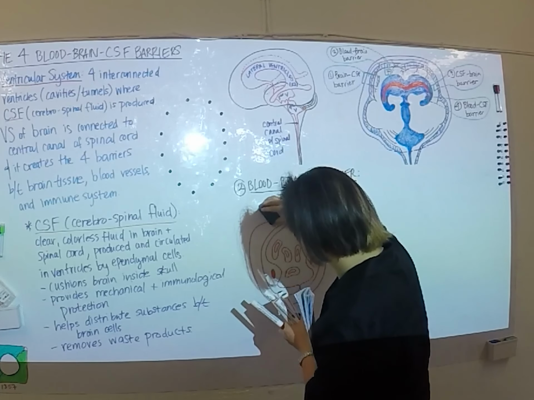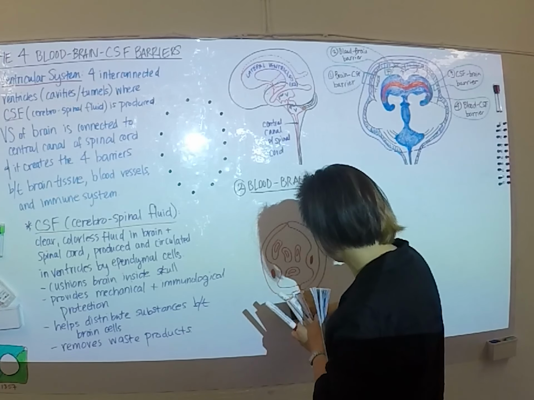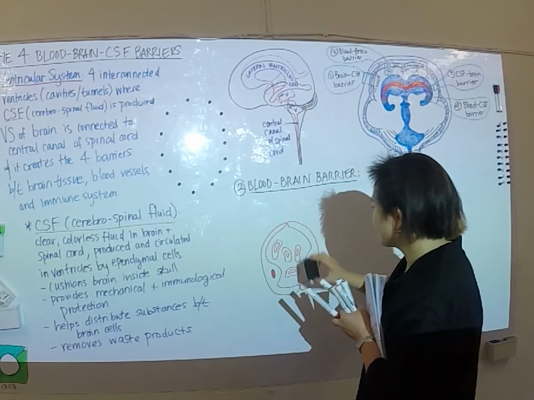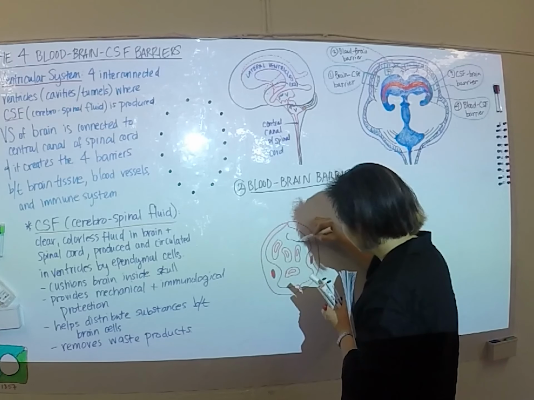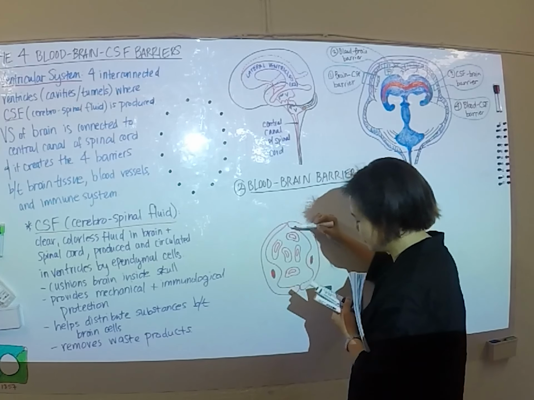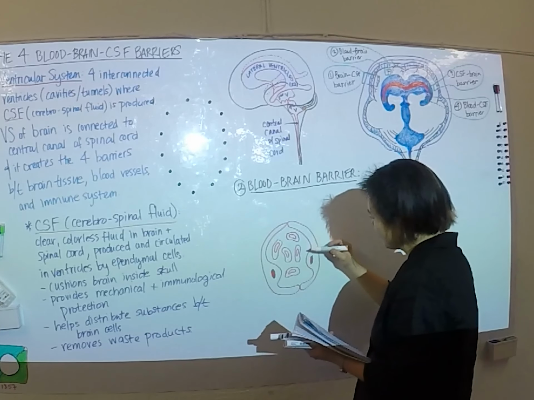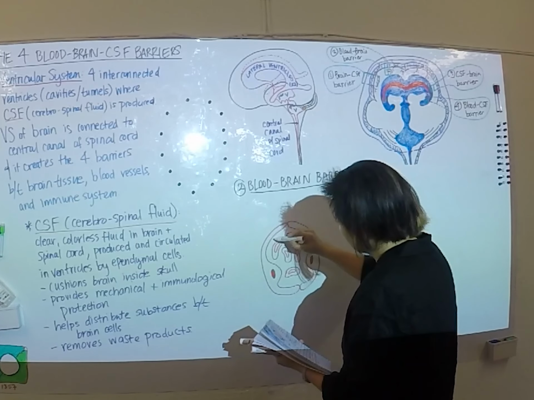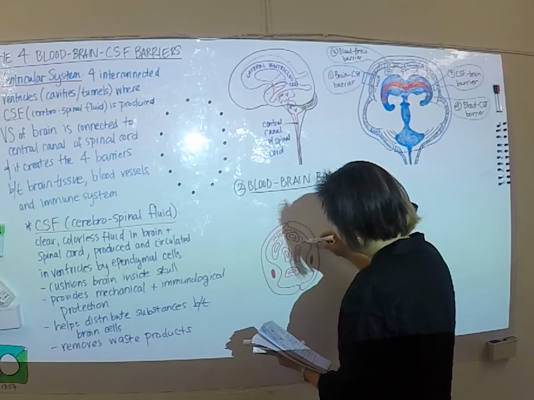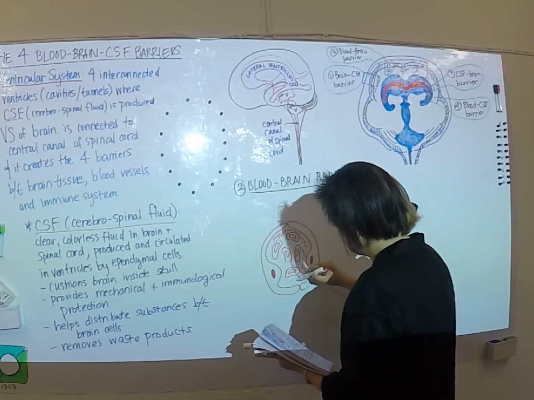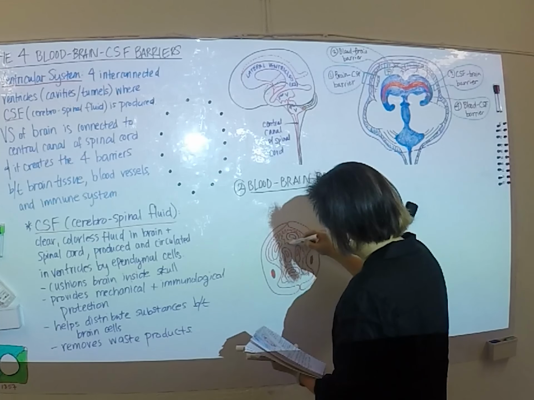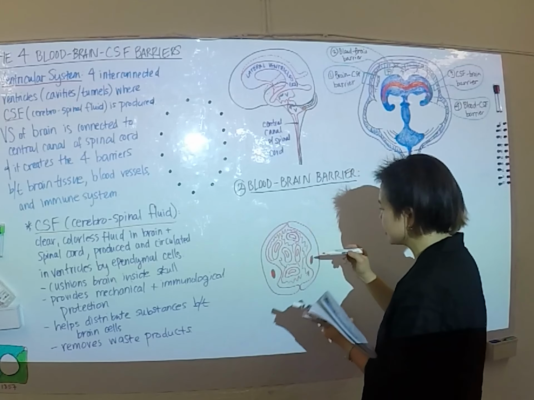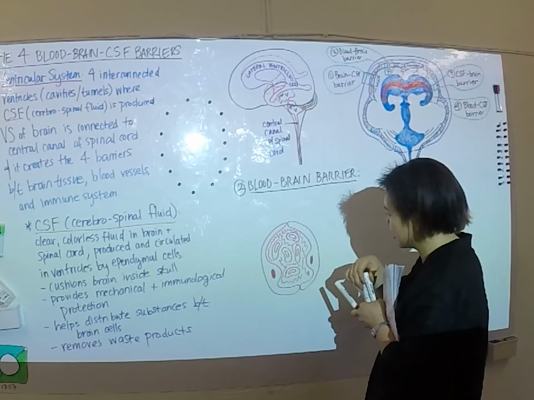Okay. Should have drawn this from the inside out. So, we've got blood. And these are the red blood cells. Okay. And so this in here is all blood. Right, this is the fluid inside of your blood cells.